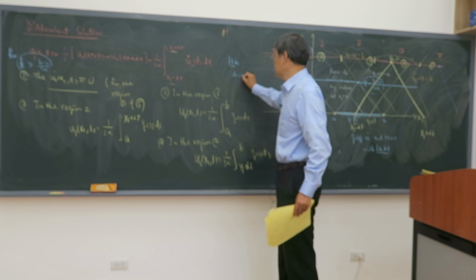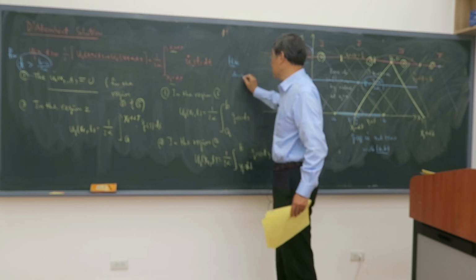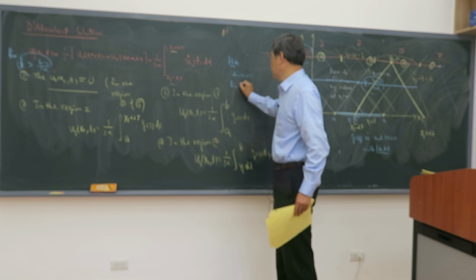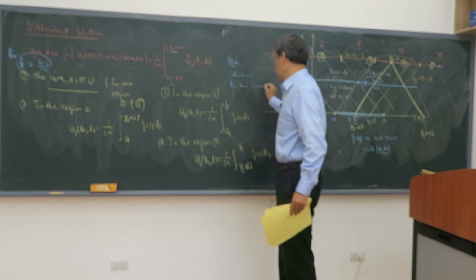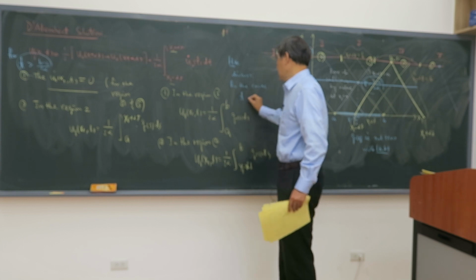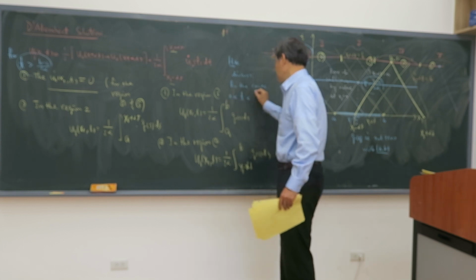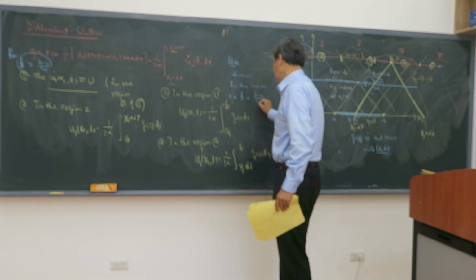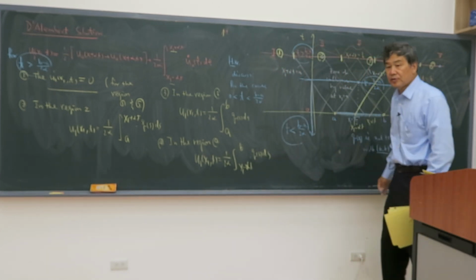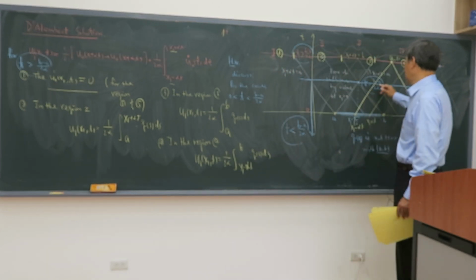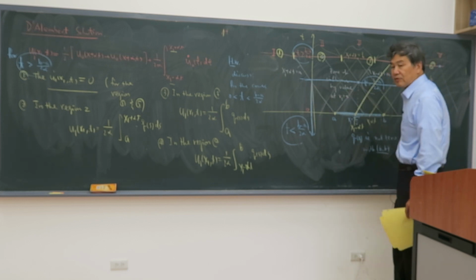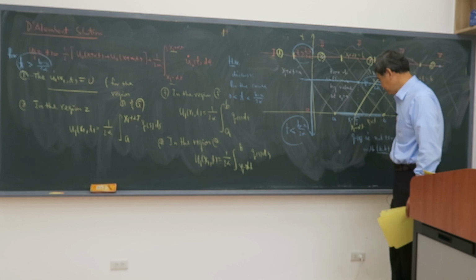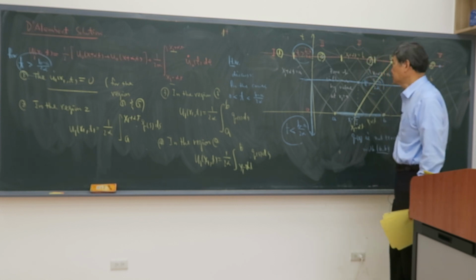Discuss the cases t larger than 0, smaller than (b minus a) over 2 alpha. Then in this range, you still have 5 zones, I think so. Okay, you can have 5 zones. Right?